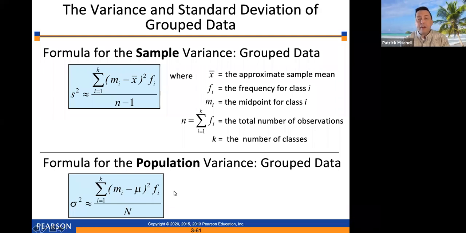One big difference, and this is consistent with what we said in section 3.2, if you're working with a population, instead of dividing by the sample size minus 1, you divide by the population size and you don't subtract 1, all right? And then the difference in notation, sample variance is always s squared, population variance is always sigma squared.